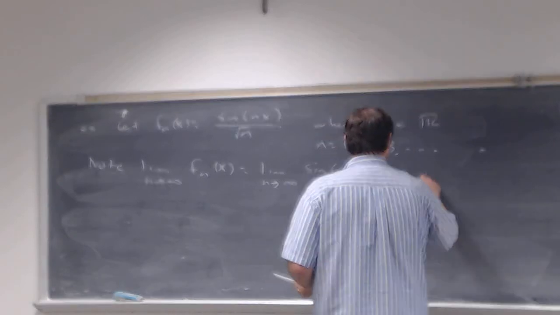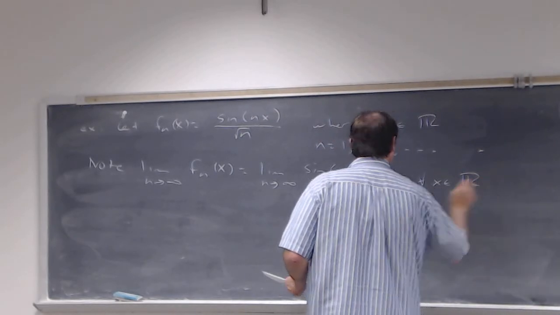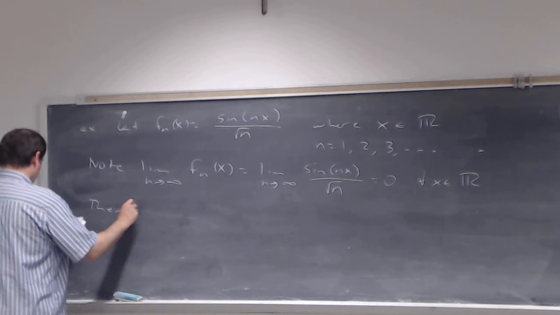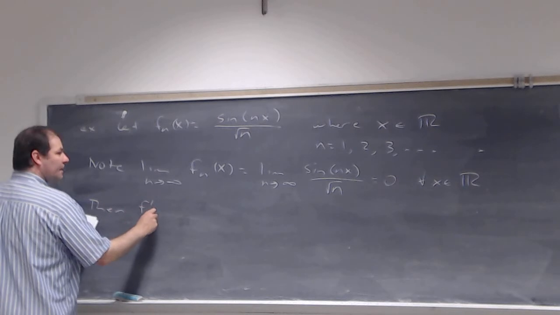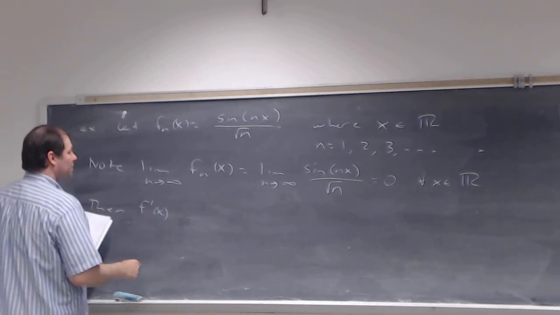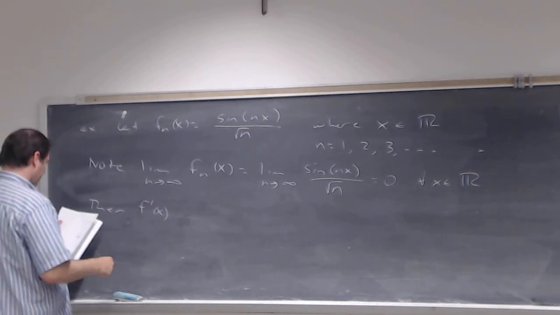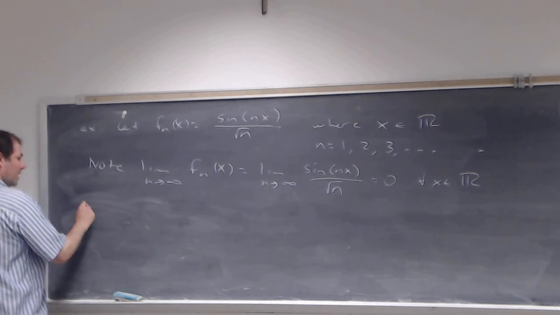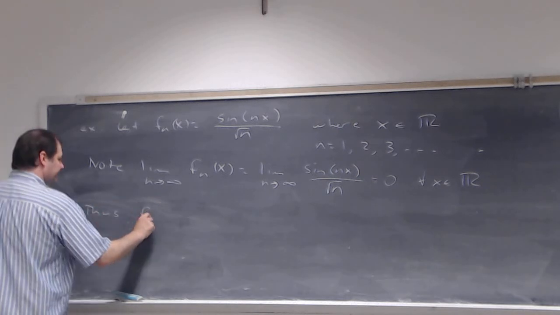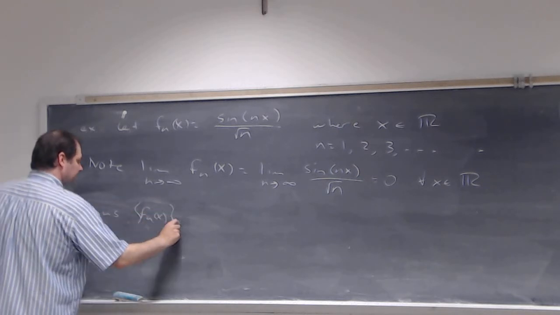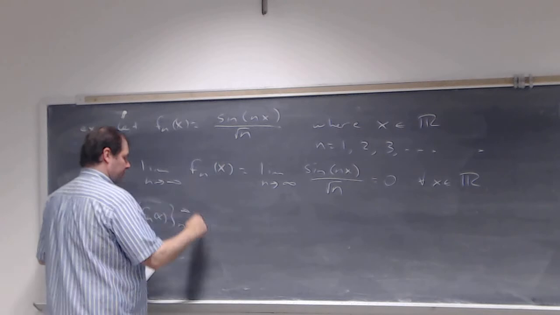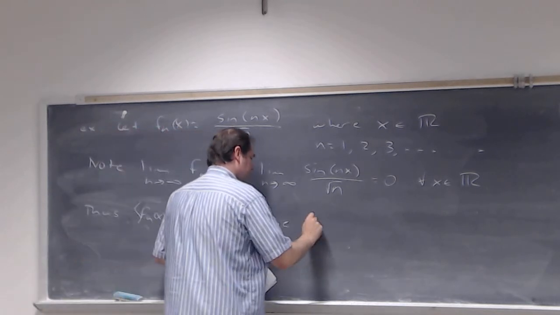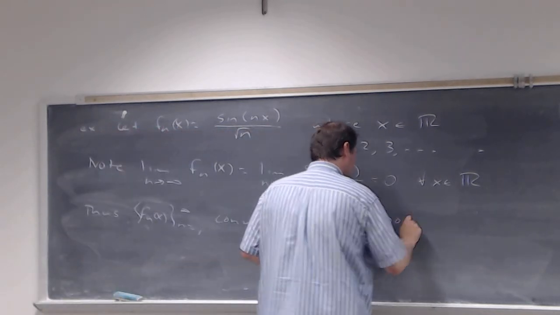This is true for all x an element of R. So I should say what f is. Thus, these f sub n's converge to 0 pointwise.